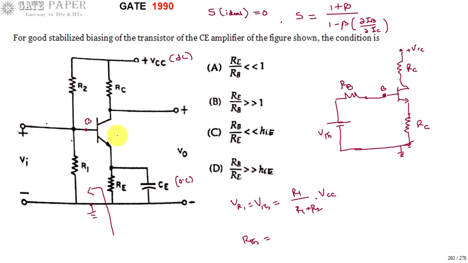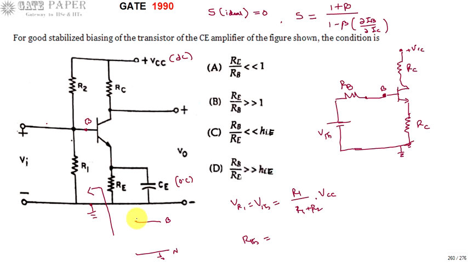While calculating Thevenin's equivalent resistance, any voltage sources present are short circuited to ground, and any DC current sources act as open circuit. So RTH is between base and ground. This is the base terminal and this is the ground terminal.